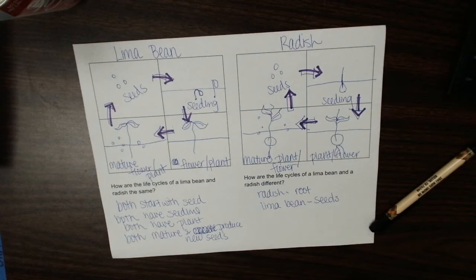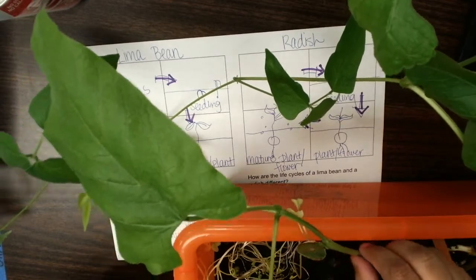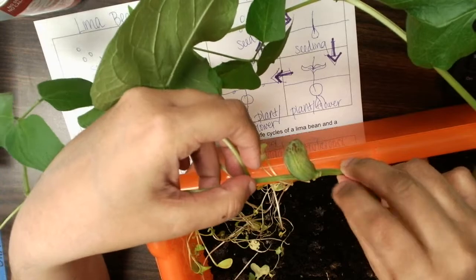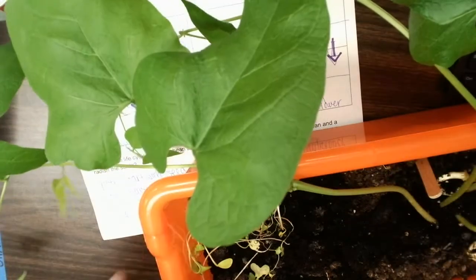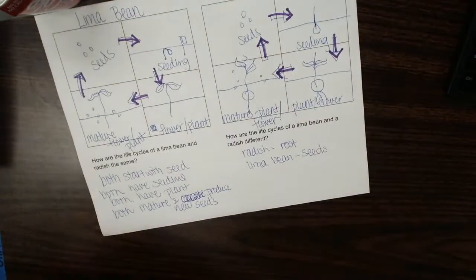We started growing lima bean plants in our classroom, and we have one lima bean growing right here. My radish, I can't really speak for the radish. I'm not doing a very good job with that.